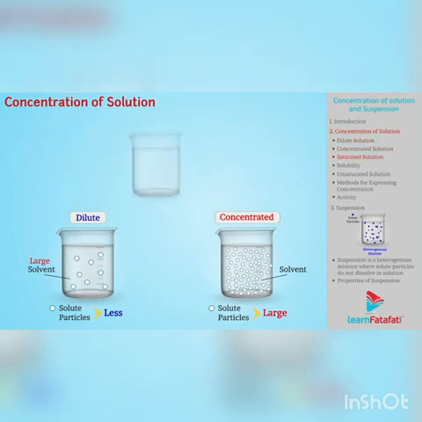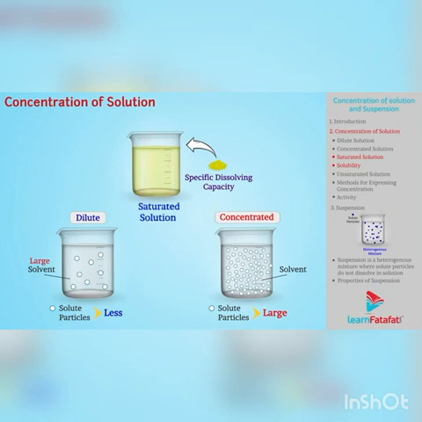Also, each solution has a specific dissolving capacity of solute. Hence, when a solution dissolves solute to its dissolving capacity, then it is known as a saturated solution. The amount of solute present in a saturated solution is called its solubility.